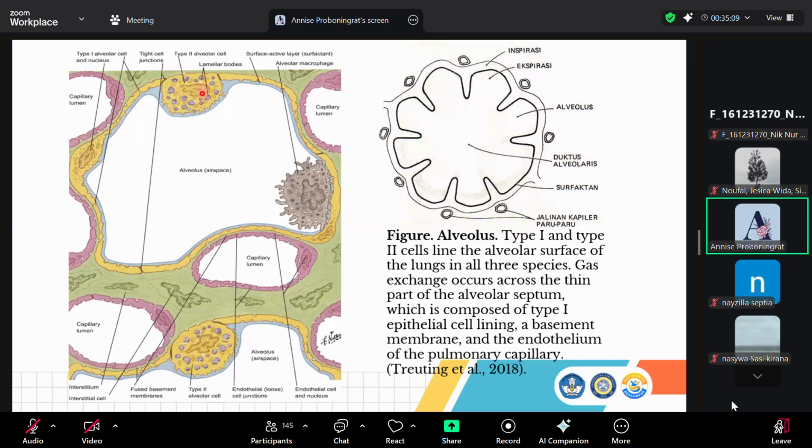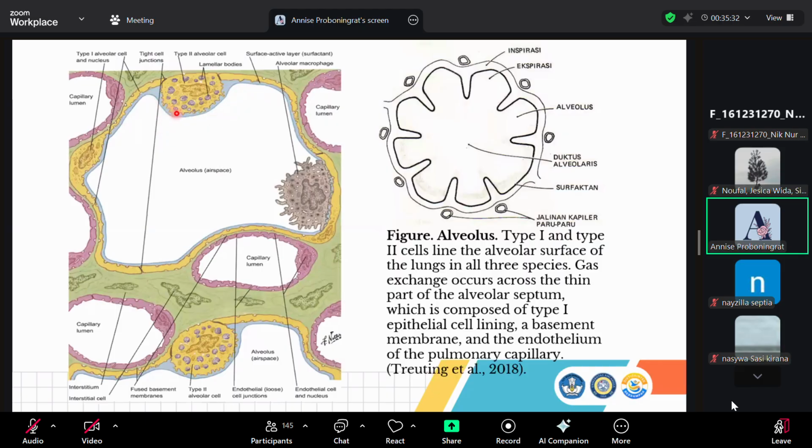And these type 2 pneumocytes have the function of secreting surfactant, shown by the blue color here or blue membrane here.